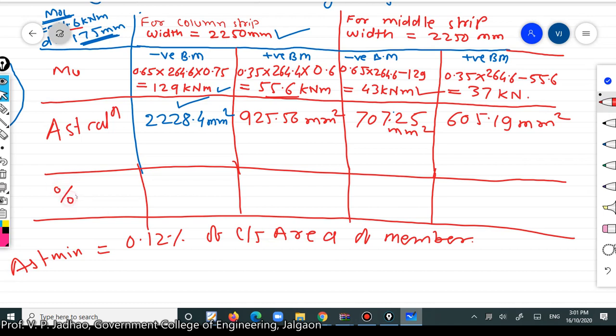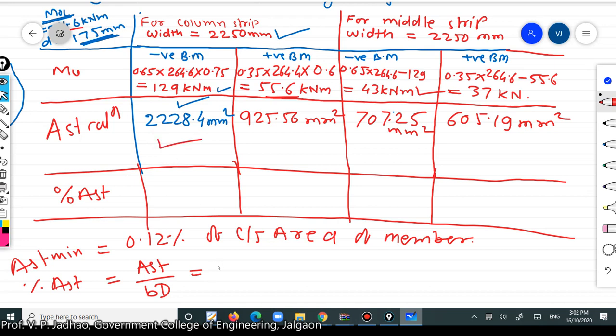To calculate the percentage AST, we have the formula: the cross sectional area of steel reinforcement divided by the cross sectional area of the member. So the formula will be AST divided by B into capital D. Capital D is the total depth.